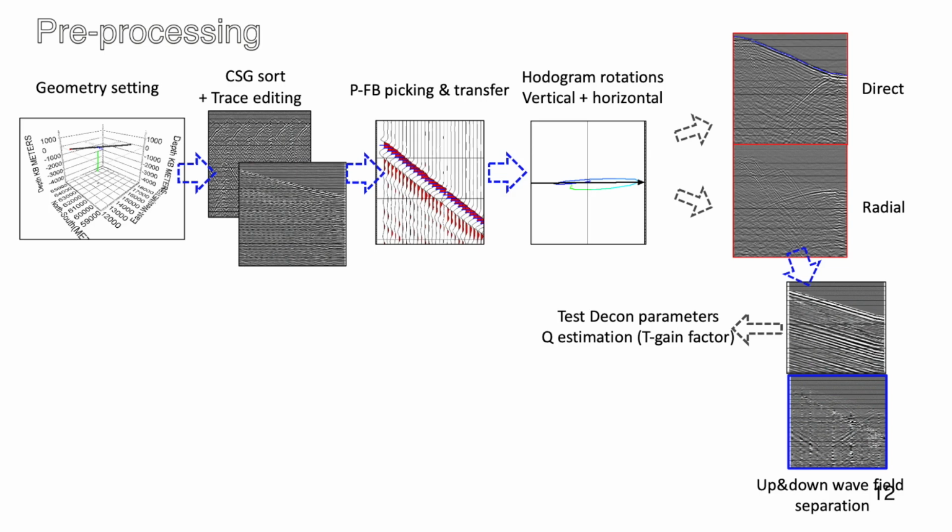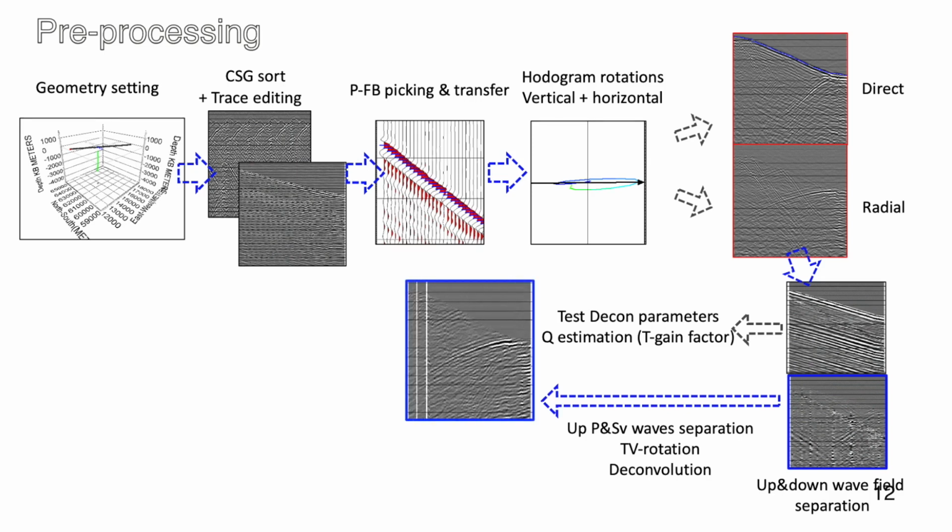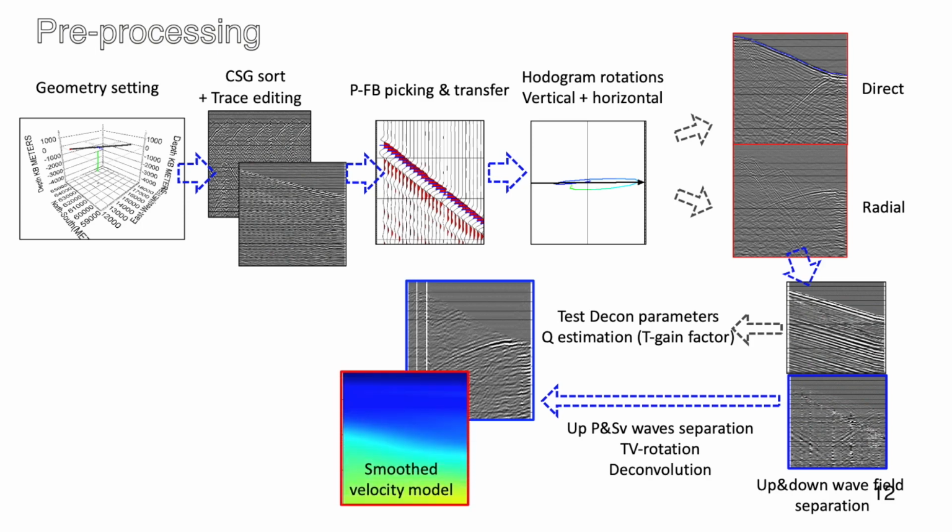On the other hand, upgoing wave fields were further subject to the time-variant rotation to obtain the finally separated P and SV wave fields. Other enhancements such as FK filter and bandpass filters were then applied to remove some further noises. With a smooth velocity model, the separated P or S wave fields after deconvolution will be imaged using the RSS-RTM.